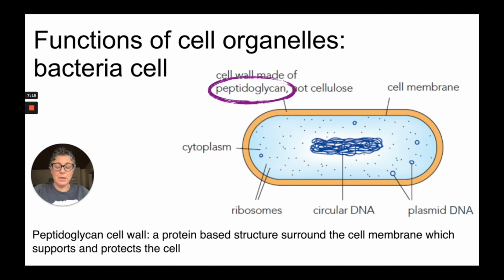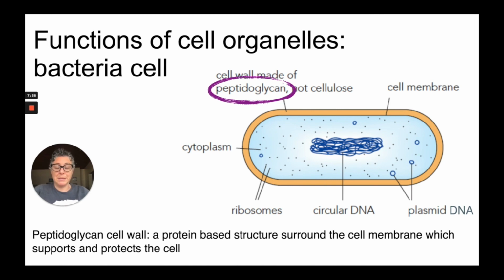In addition, antibiotics can help in a bacterial infection because those antibiotics in fact destroy the cell wall. So antibiotics are made with a certain target in mind, and one of those targets is the cell wall of bacteria.